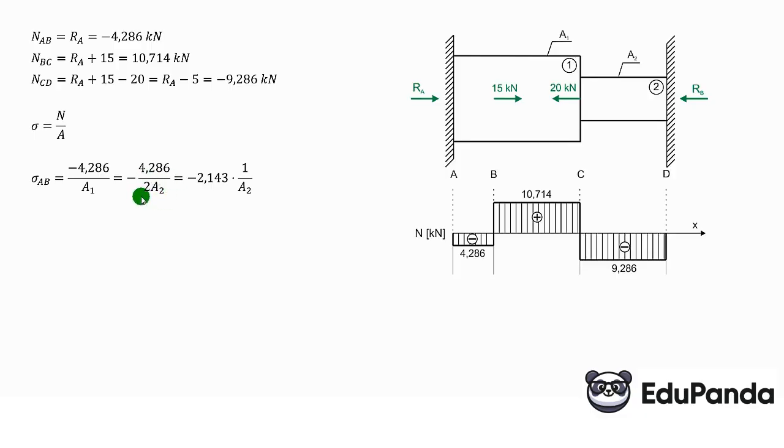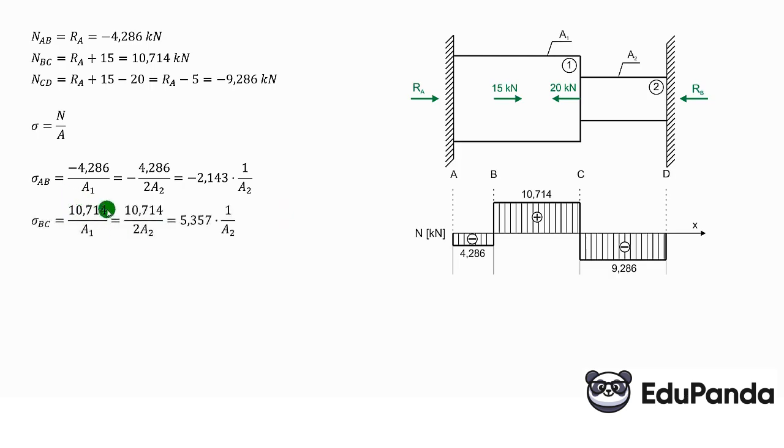So we will express all these stresses in such a form. We will take that numerator as if outside the fraction, and it will be multiplied by 1 divided by A2. We will express all of them this way. It will be easy for us to compare which stresses are the largest in which part of the rod.